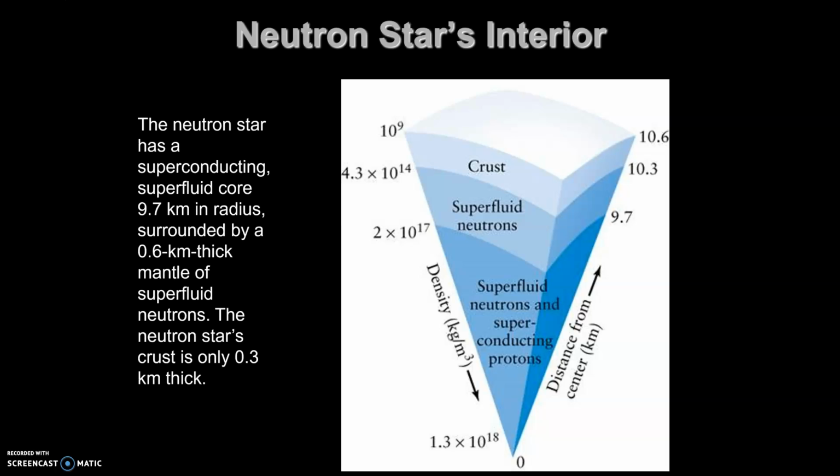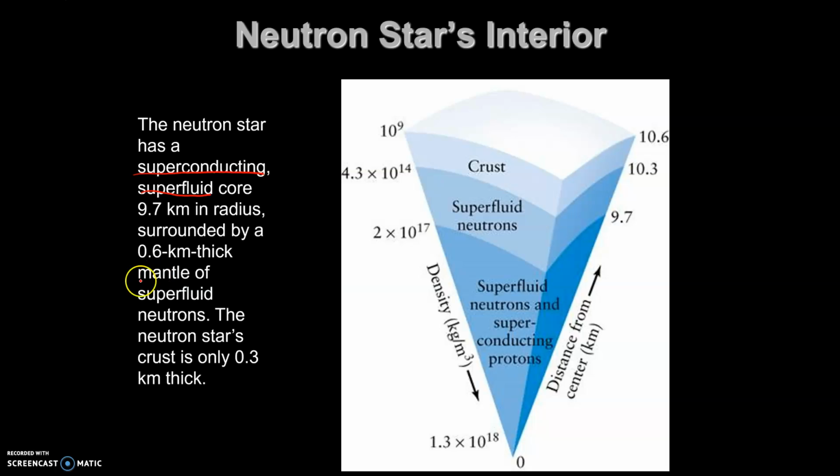If we're taking a look, our neutron star has a superconducting superfluid core. As we can see, we have superfluid neutrons and superconducting protons here. This superconducting superfluid is going to be a very thick part of this star.